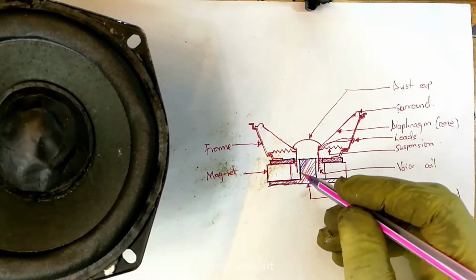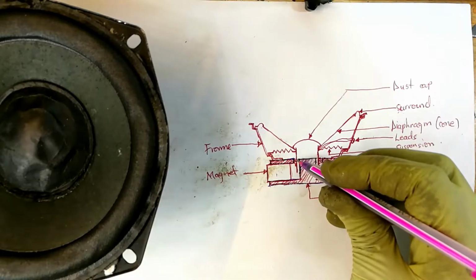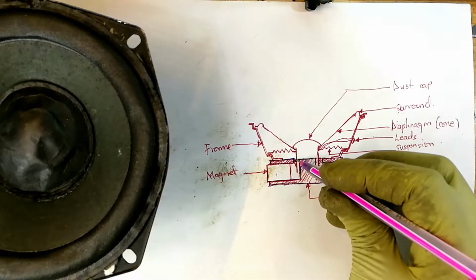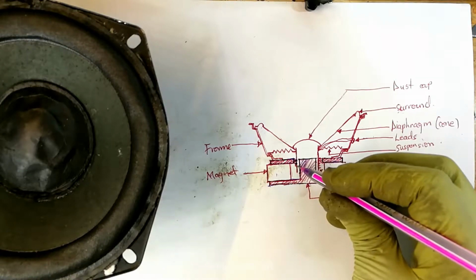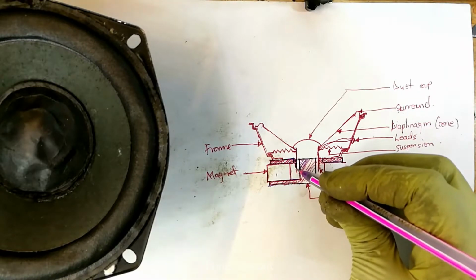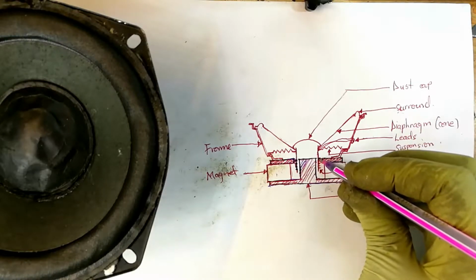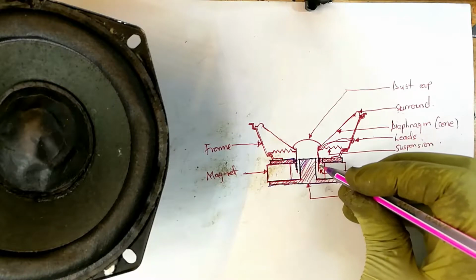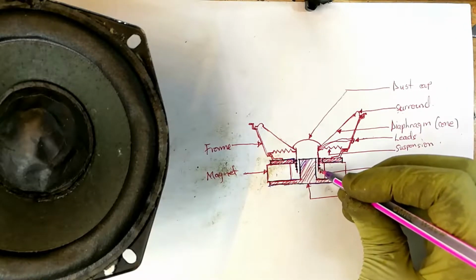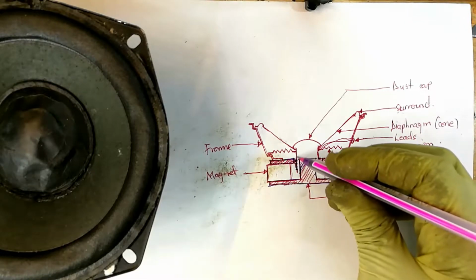Okay, now when you look at these beads, those beads are like a cut section of the voice coils. Now the voice coils are mounted onto this shaft.